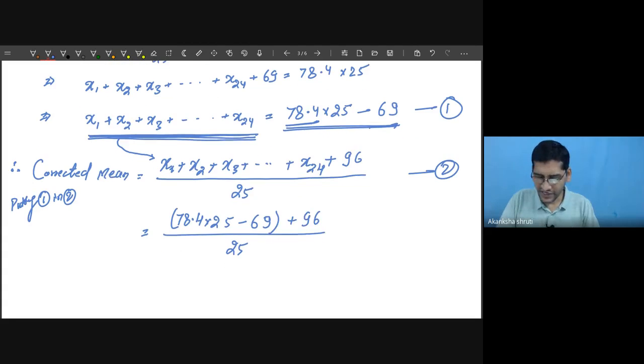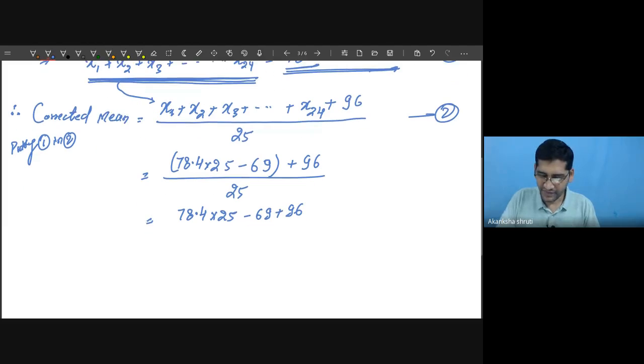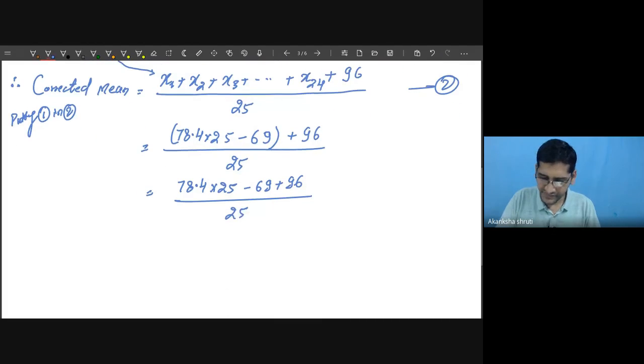I have not calculated this 78.4 into 25 first, to show you what we are going to get. So what does it become? You may divide this or you may first calculate this. 78.4 into 25 is already there. You can remove the bracket. So it is like minus 69 plus 96 by 25. Let me do it here. 78.4 into 25 is there.